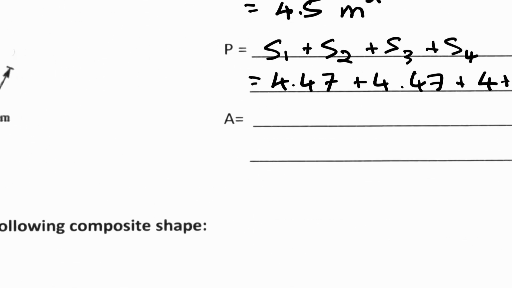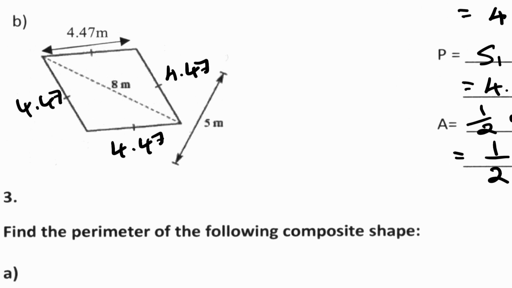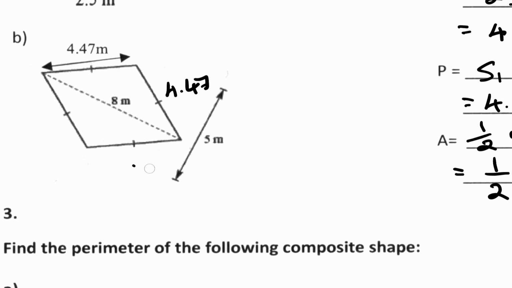So that is A equals half xy, which is half of each diagonal. So we've got one diagonal here, which is 5, and another diagonal here, which is 8. So that is 5 times 8.